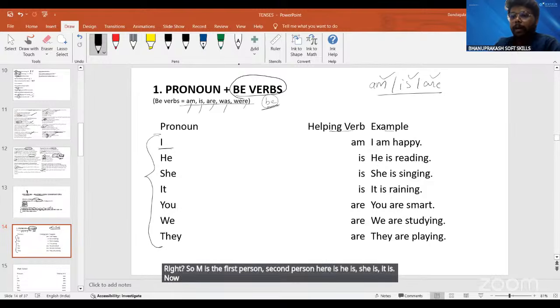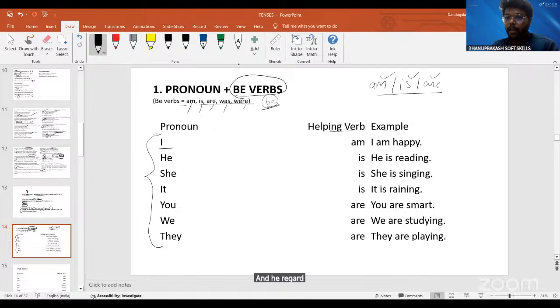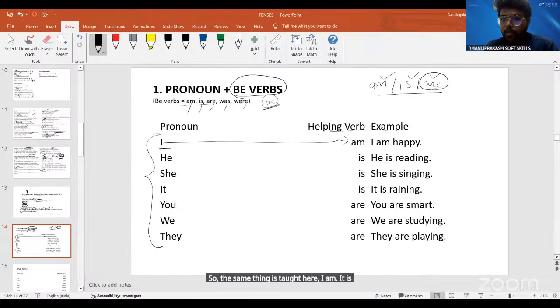Now we together become plural, and now a third person enters, and refers to us as we, they. So in such plurals we use are. The same thing is taught here. I am, it is a first person. Example: I am happy.